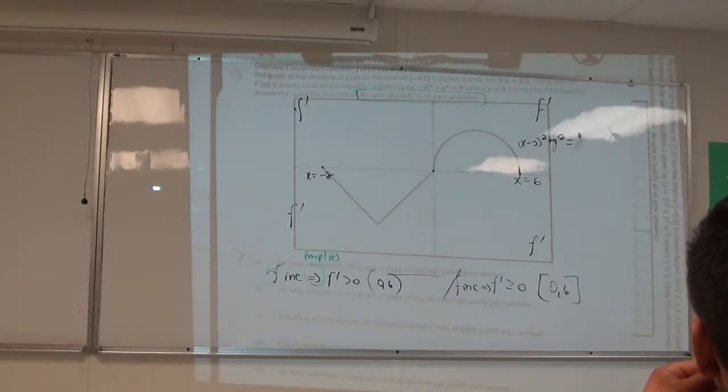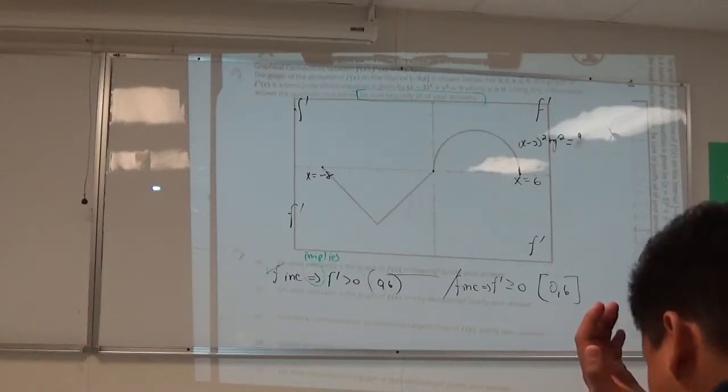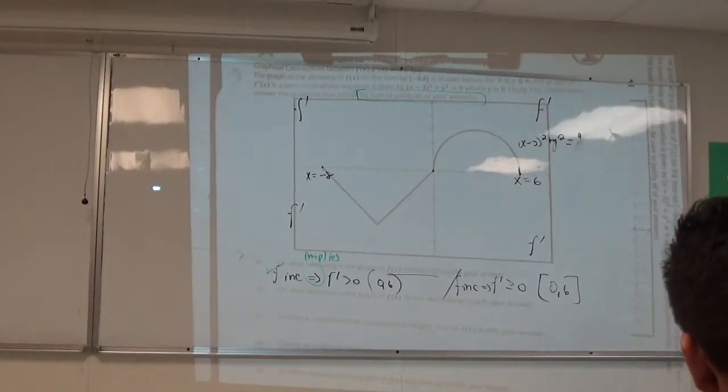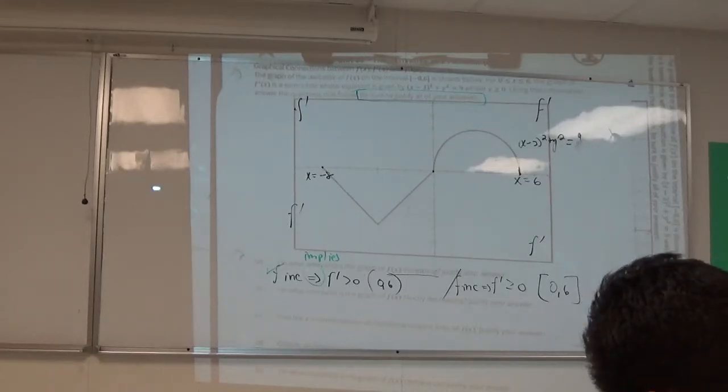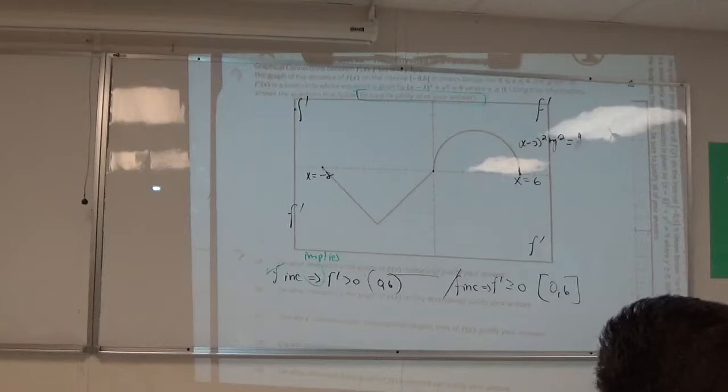So whenever it's equal, huh? No, so whenever it's positive, B, what is the graph?